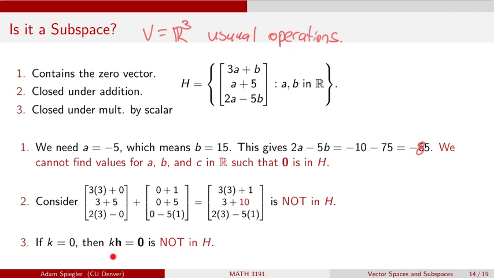And so we certainly have shown that here. So this subset H inside of R3, although R3 is a vector space and it has its nice normal usual operations, picking any subset is not going to guarantee that we get a subspace. So this subset does not satisfy any of the conditions for being a subspace.